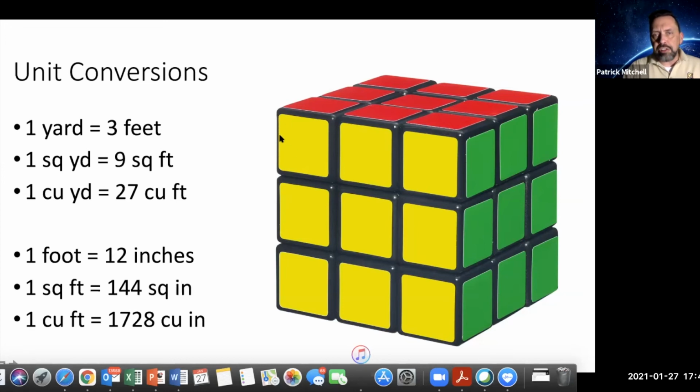There are 12 inches in a foot, which means if we talk about a square foot, which is again a unit of area, 12 times 12 is 144. So imagine that this one little yellow square is divided up into a bunch of much smaller squares. There would be 144 of them.